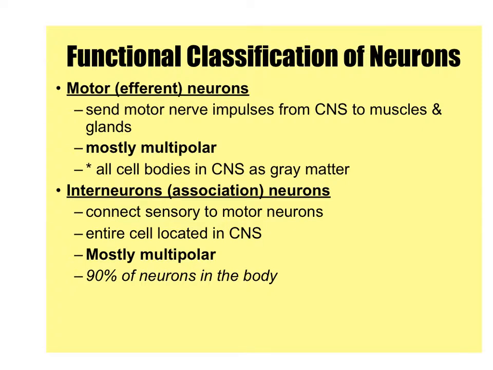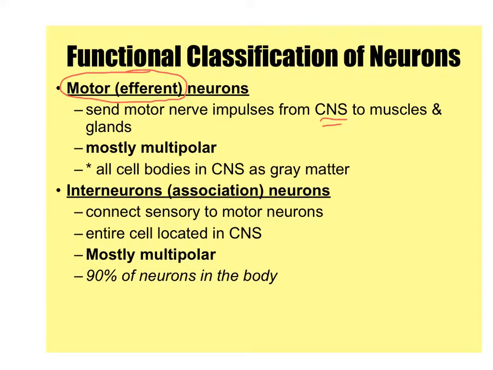Now the opposite of the sensory or afferent neurons are the motor or efferent neurons. So once your sensory neurons detect some sort of change and that information is transmitted to your brain and spinal cord, well, the CNS may want to make some sort of response.